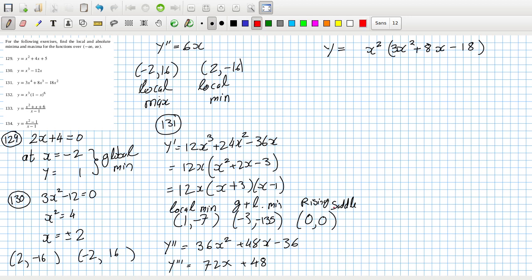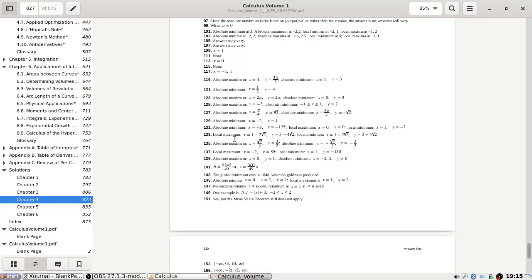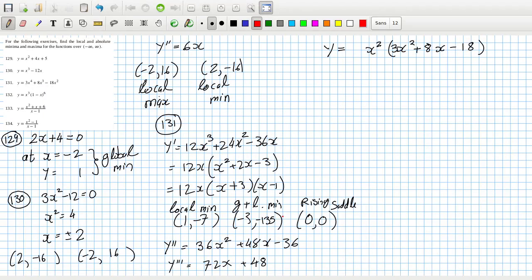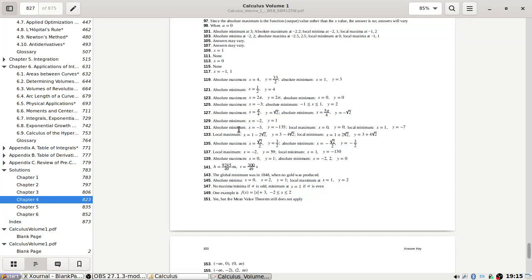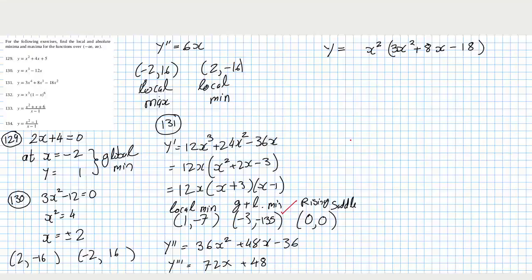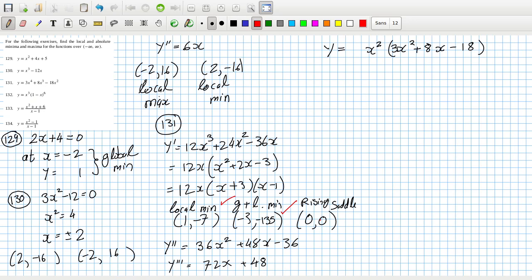Let's see if I'm right or if I'm wrong. Absolute min at minus 3. Excellent. Local max at 0. Local min at 1. So I'm wrong here about 0.